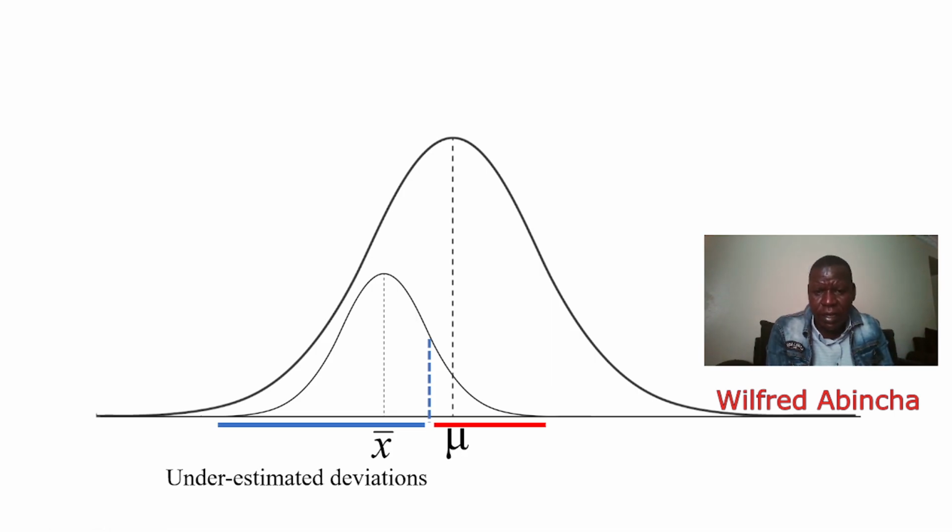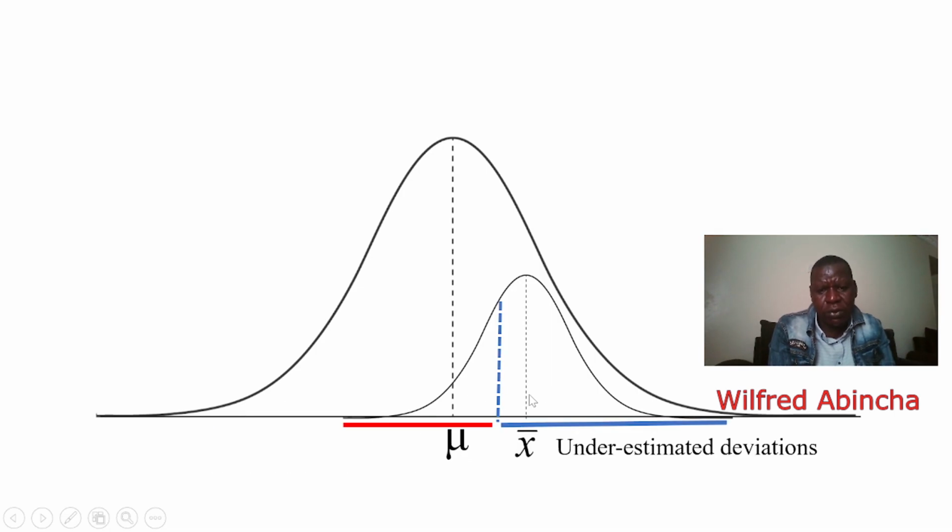On the other side, the sample may fall to this area of the population, whereby the sample mean is larger compared to the population mean. And you see that all these observations here are near the sample mean. Therefore, compared to the population mean, the deviations are going to be underestimates.